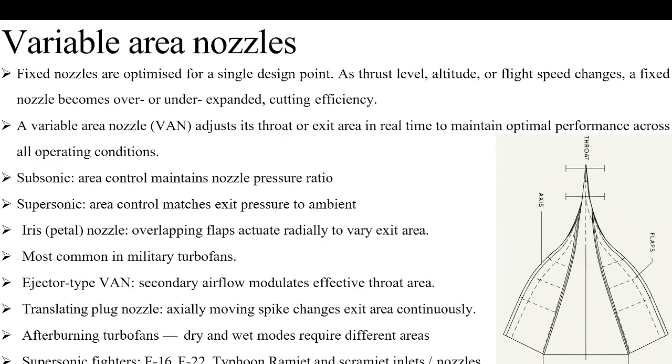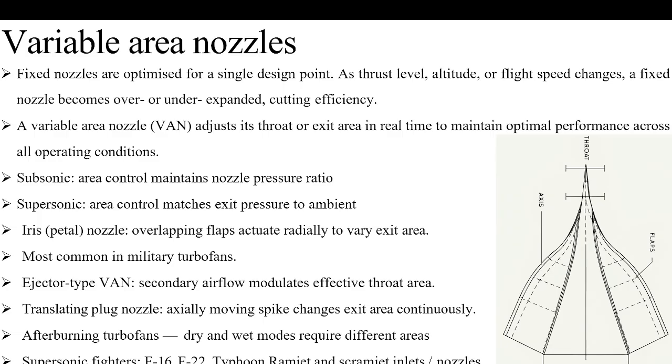You will observe these kinds of nozzles in jet engines, where the opening and closing of the nozzles happens. Generally, that is also called a flex nozzle, another type of nozzle, and that comes under this VAN, which is the variable area nozzle.